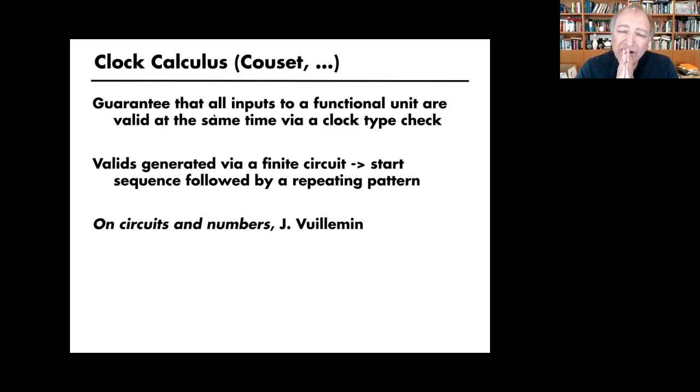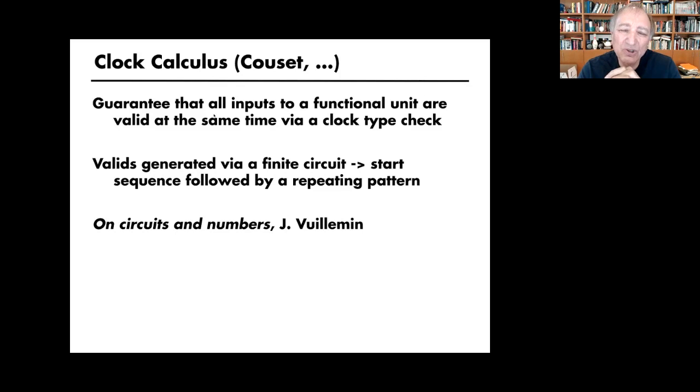Okay, right? You see the basic idea. I want to make these units, and I want them to always get valid values at exactly the same time. If you don't get valid values at exactly the same time, you might have to put some kind of buffer in front of them, right?